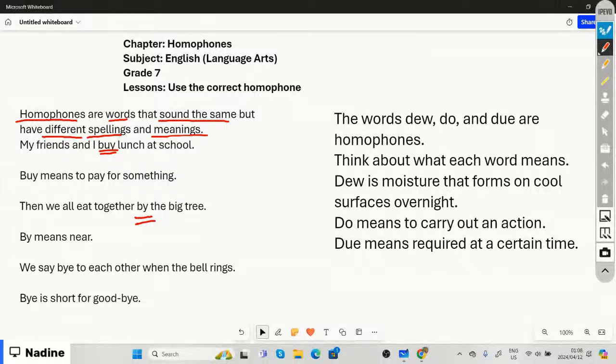It's like sitting near to something, sitting near to the street, sitting near to the park. So we're sitting by the park, by the tree, for example.